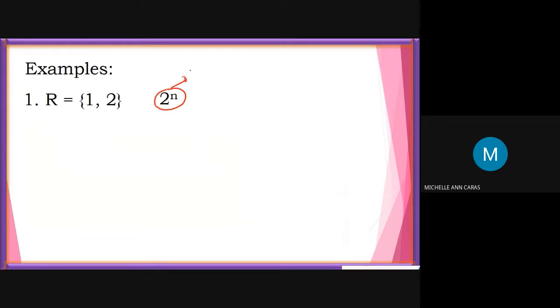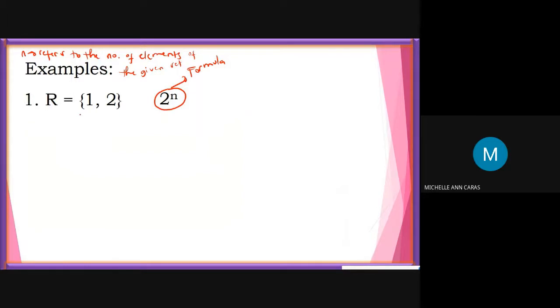Okay, this is our formula, okay, to find the possible subsets of set R. Okay, so, ano kaya ang values ng n? Ano bang ibig sabihin ng n? So, when I say n, it refers to the number of elements of the given set.